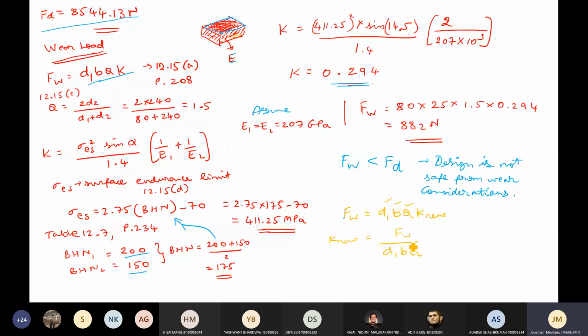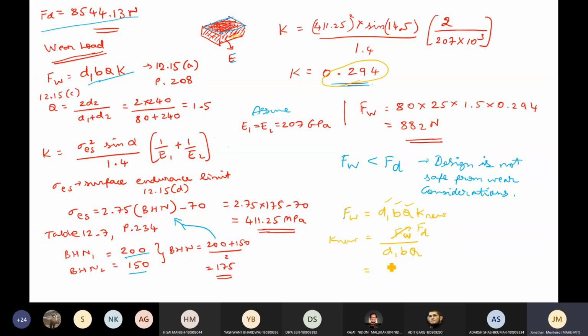I'll just rewrite this equation. Then what should be Fw? Fw, if we use 0.294, it's going to come 882. But what we want? We want to reach the level of Fd, right? This is lesser. We want to equate this. So substitute this to Fd. Use Fd value.